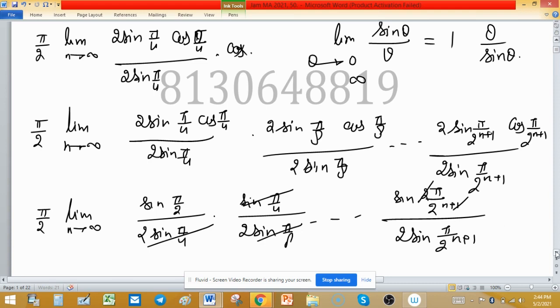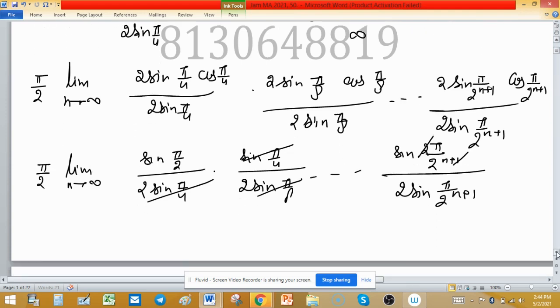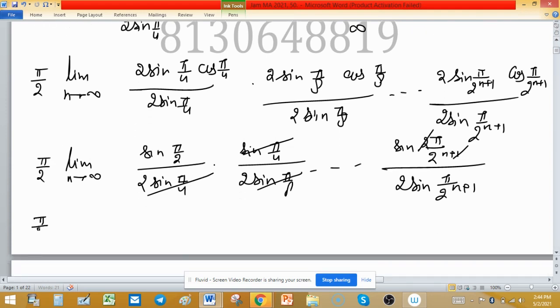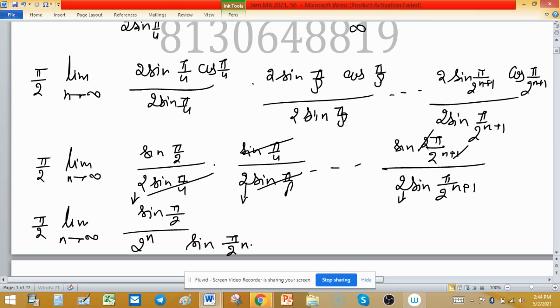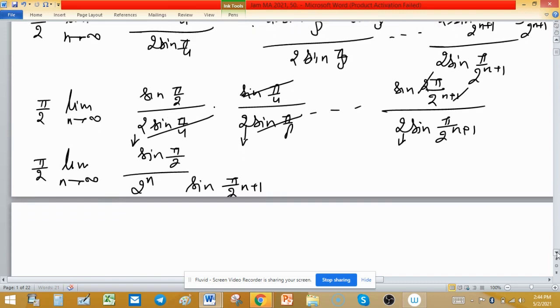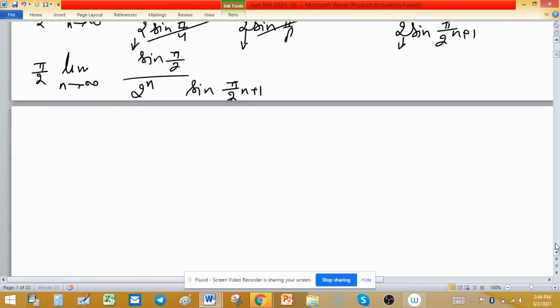So we have only pi upon 2 limit n tends to infinity sine pi upon 2, and a 2 left here, a 2 left here, and this is also. So how many times? 2 raised to the power n times, 2 is left, and the last term is sine pi upon 2 raised to the power n plus 1. Now the value of sine pi upon 2 is 1.